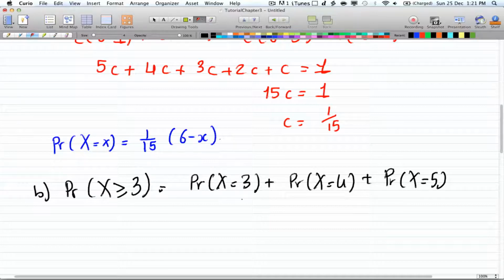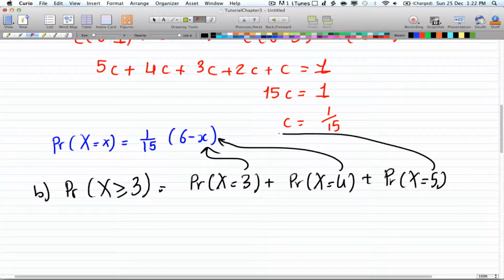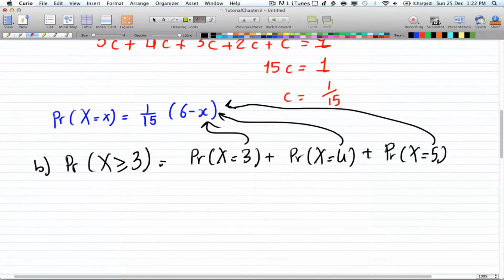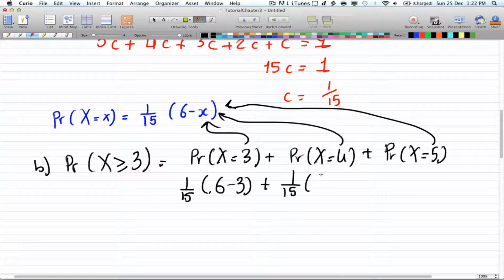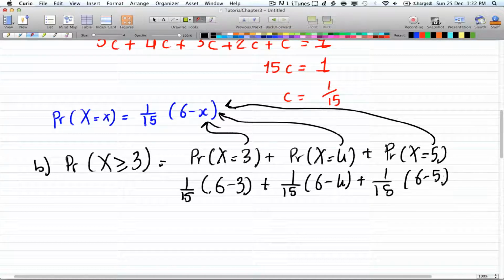And for this one, you just plug in 3 into the equation, so 3 here. For that one, you just plug in 4 instead of x, and here you just plug in 5 instead of x. So you get 1 over 15 times 6 minus 3 plus 1 over 15 times 6 minus 4 plus 1 over 15 times 6 minus 5.